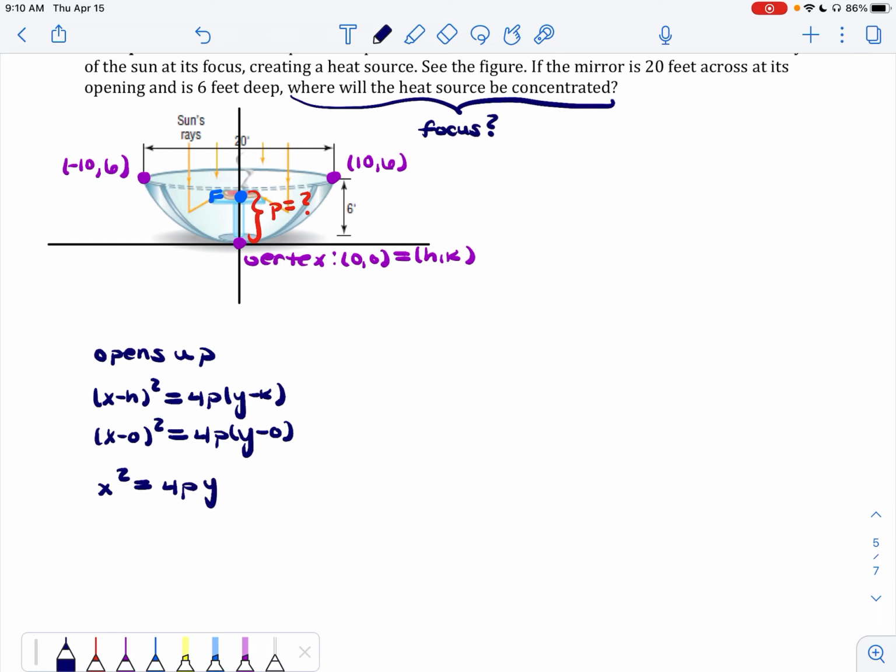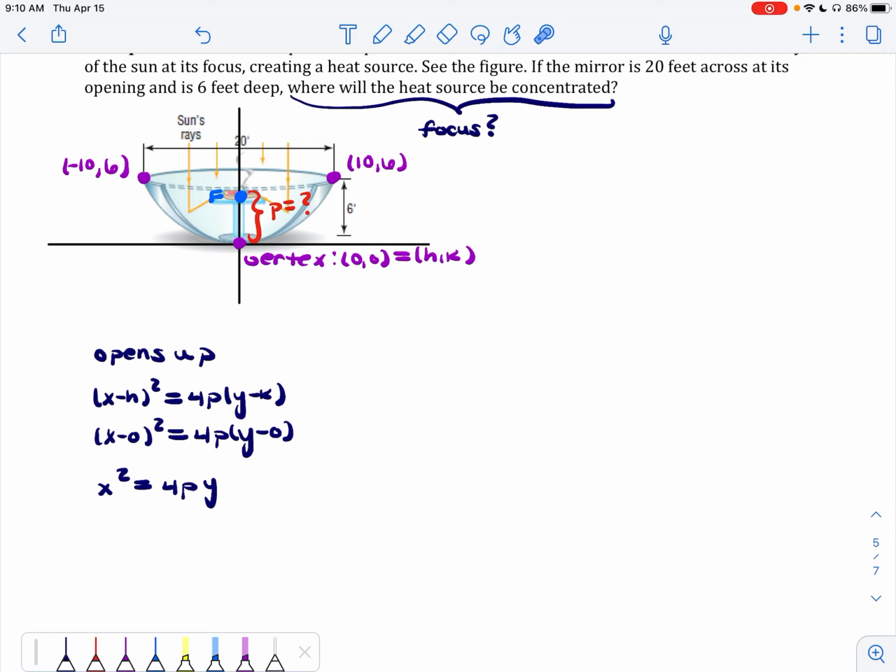Then remember, we're trying to figure out where the heat source will be concentrated, which means we're trying to figure out where the focus is located. And in order to figure out where the focus is located, we need to find p. Well, luckily, we've been given a tool to do that. We have these points here at (-10, 6) and (10, 6).